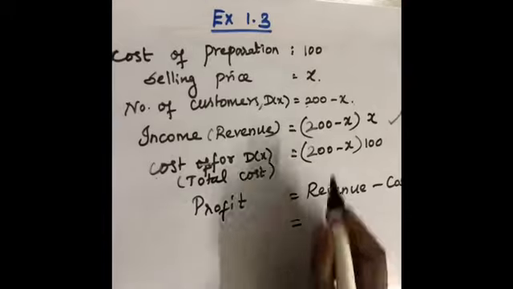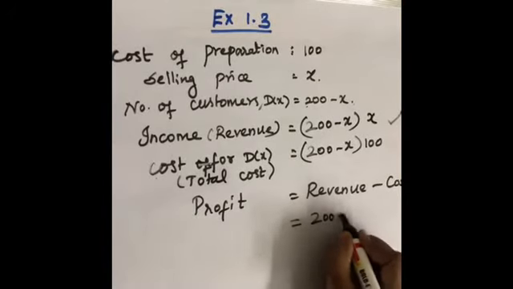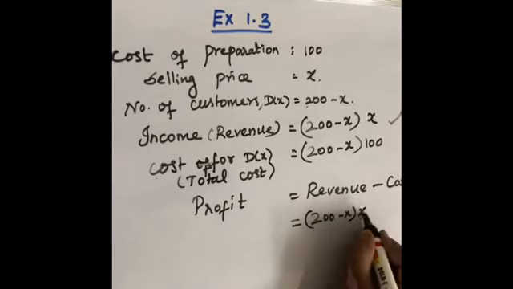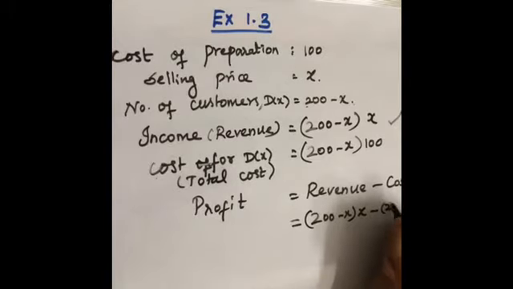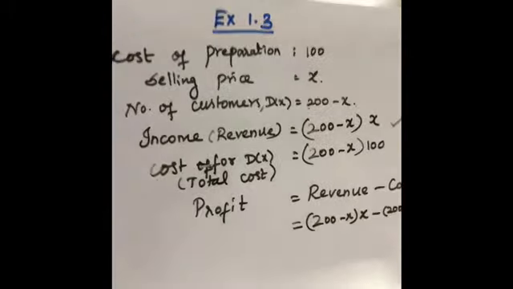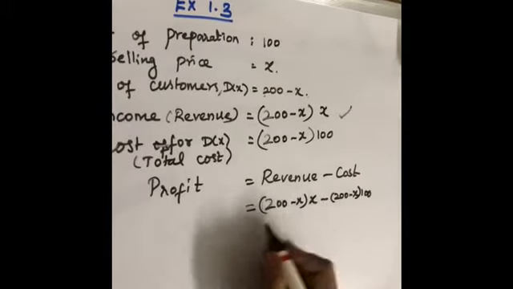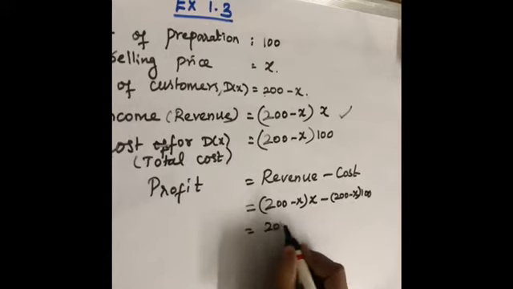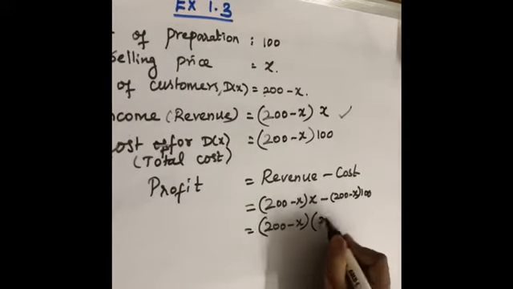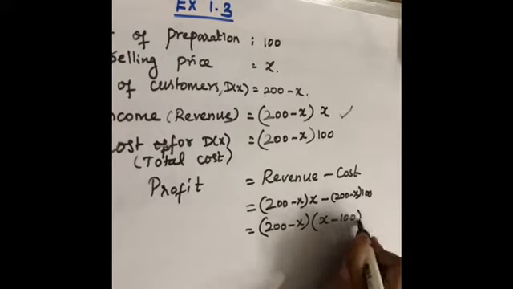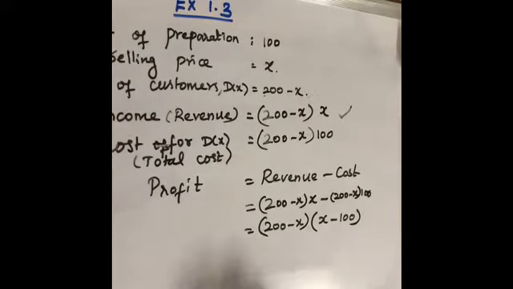So, revenue is 200 minus x into x minus cost is 200 minus x into 100. 200 minus x is common in both the functions. So, 200 minus x, I take it as a common, into x minus 100. This is the profit function.